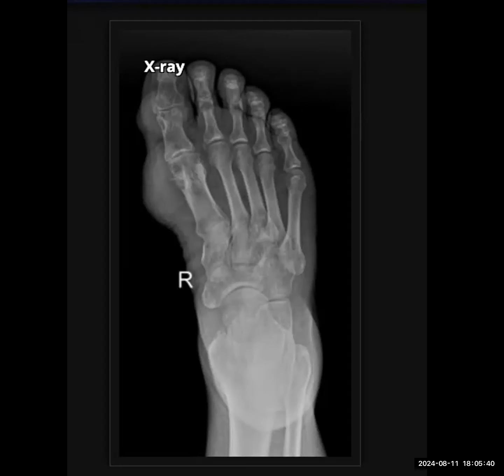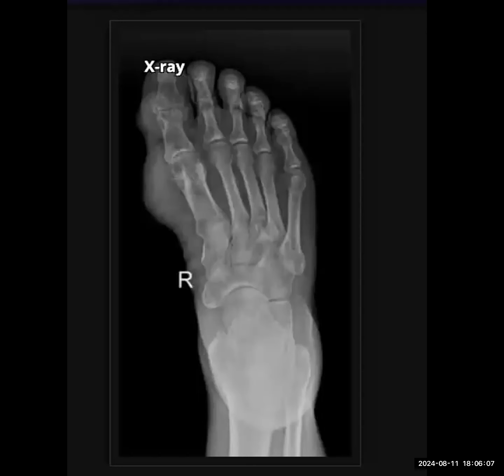I'm trying to see if there are overhanging edges or rat bite type of erosions in this case, because it is involving the first metatarsophalangeal joint. I can see that there is sclerosis around these erosions, saying that it could be a chronic, slow process.